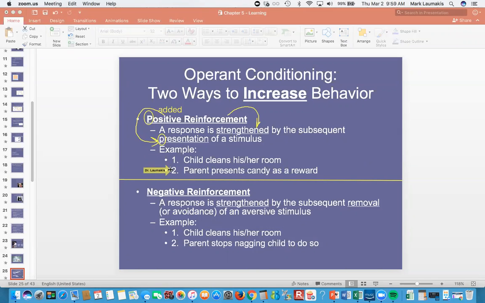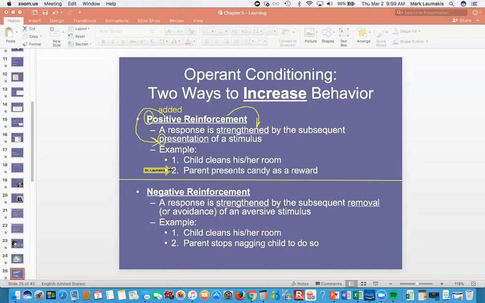Okay? So positive reinforcers would include things like food or drink, physical contact. Attention is a huge positive reinforcer for kids. Praise, compliments, applause, money, all of these are positive reinforcers that are used to get people to do more of behaviors that we want them to do more of, okay?